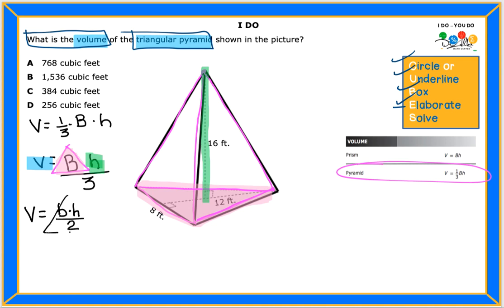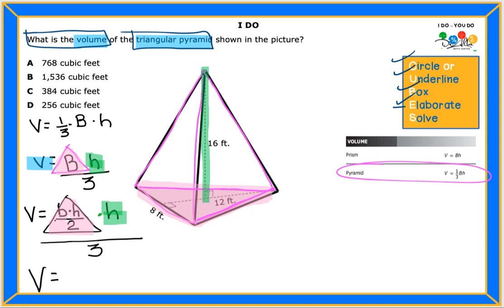And that should be our pink triangle. Then we have to multiply by the height of the prism that we have in green. And then at the end, we're going to have to divide everything by 3. See that, guys? And now what I'm going to do is I'm going to do substitution.